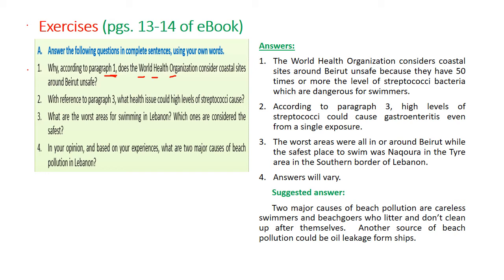I go to paragraph 1. Let me check. Going back to paragraph 1, the World Health Organization considers coastal sites around Beirut unsafe. Why? Because they have 50 times or more the level of streptococci bacteria, which are dangerous for swimmers.